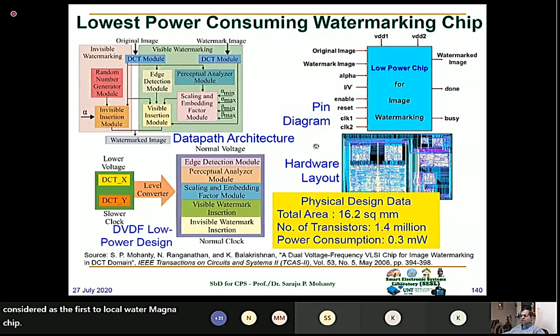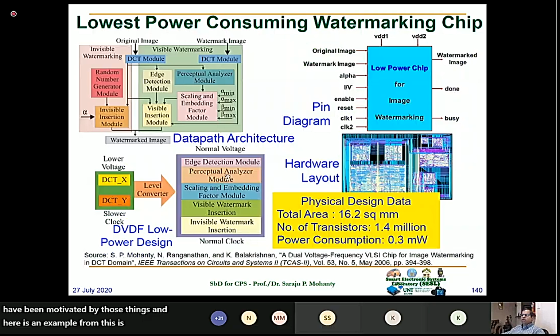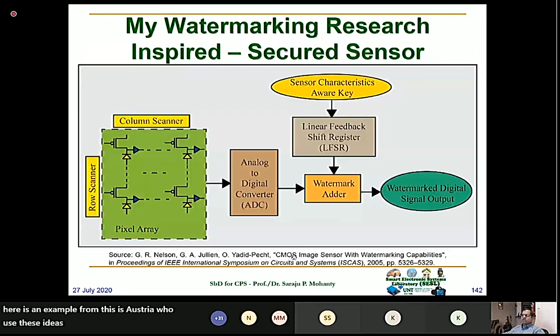It is a watermark chip we designed, which consumes 0.3 milliwatt power and went into part of a camera and so on. That's a very significant work, and a lot of people have been motivated by those things. Here is an example from Austria who used these ideas, and this is another sensor-based watermarking from Canada. They have also used the watermarking ideas that I gave.